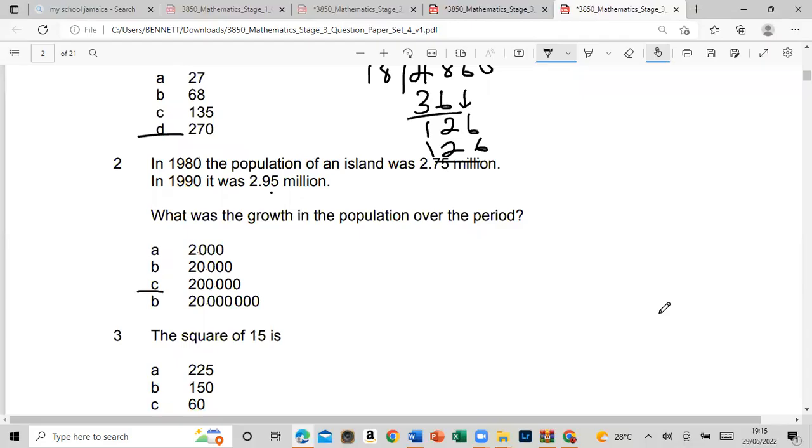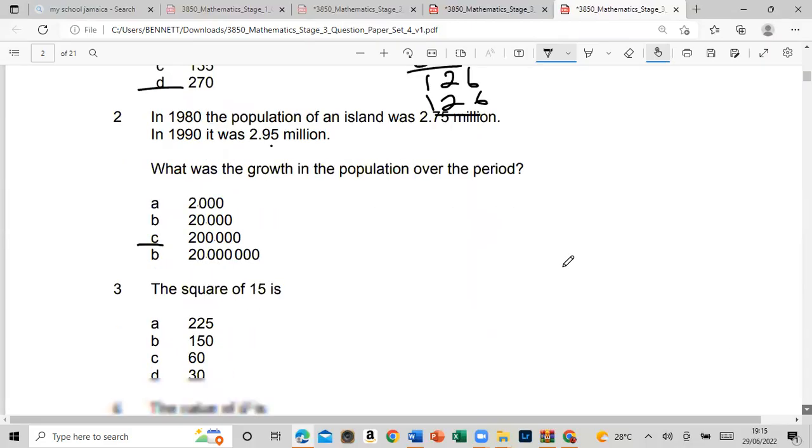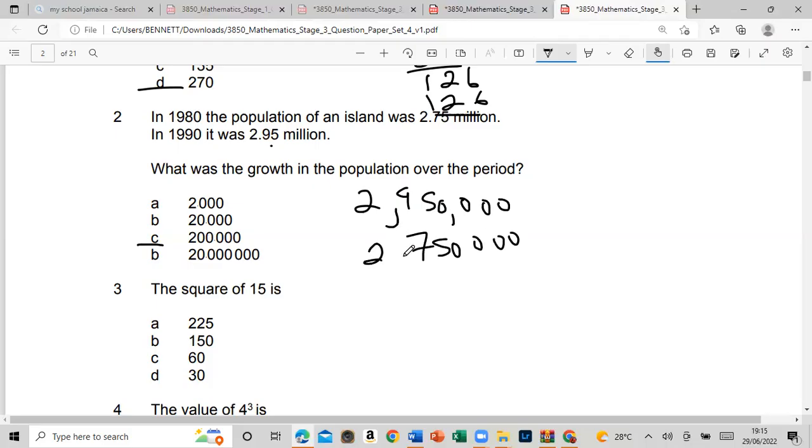Remember, it is in millions. 2.95 million, like this. And then we subtract the 75 from this. See there? I got 200,000.